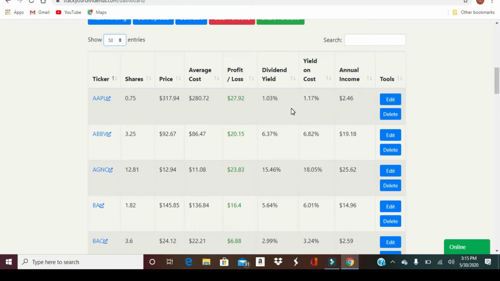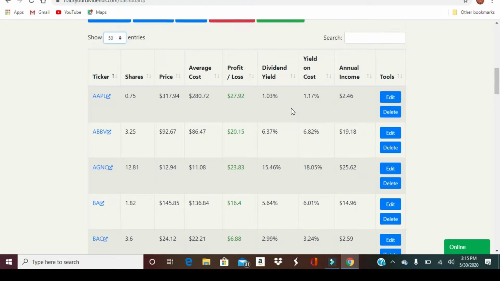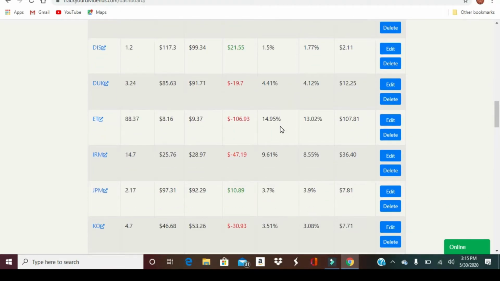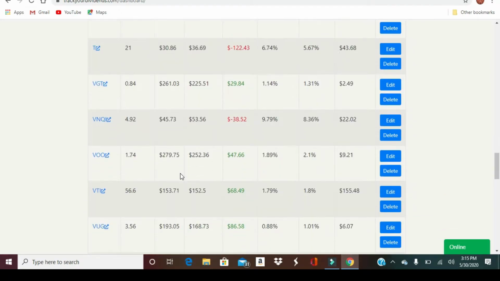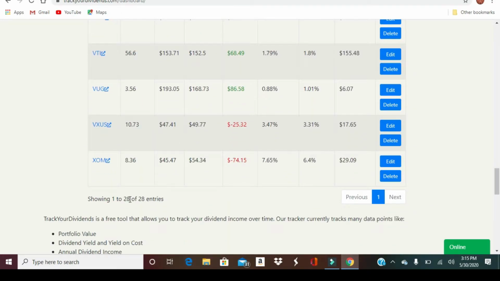So for those of you who've been following me on Robinhood, you know I'm invested in more than, I think as of today I'm invested in 28 different stocks, and I do that to stay diversified.